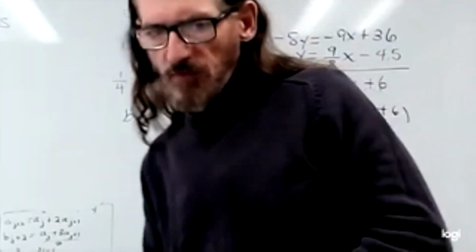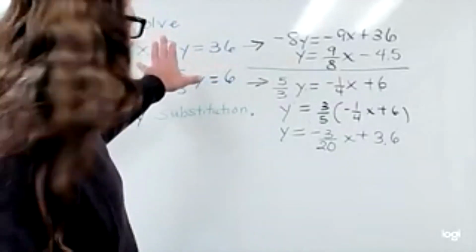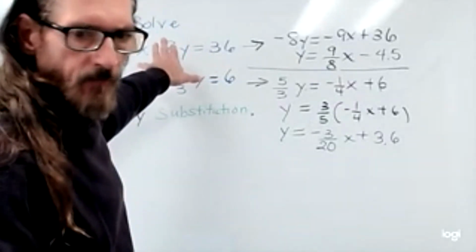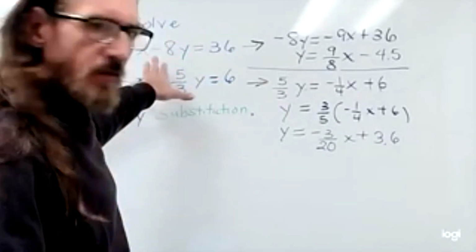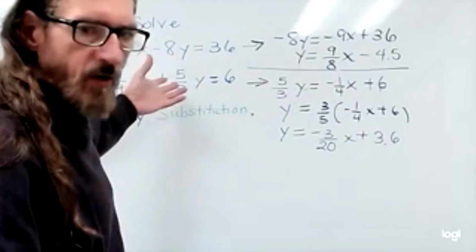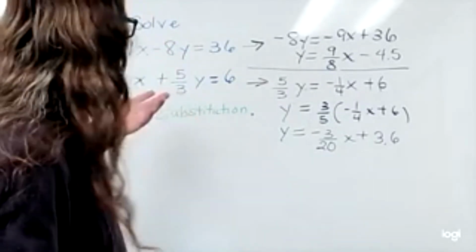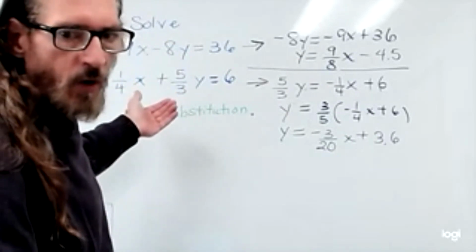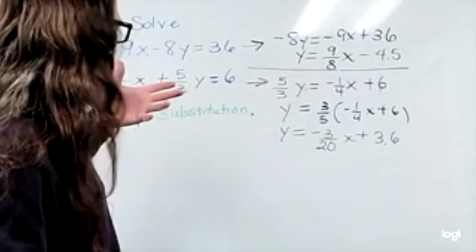When using substitution, it doesn't matter whether you solve for x or for y, and it doesn't matter which equation. Sometimes there are easier variables to solve for from one equation in particular, like if you have a coefficient of 1 or -1 in front of one of the variables in one of the equations.